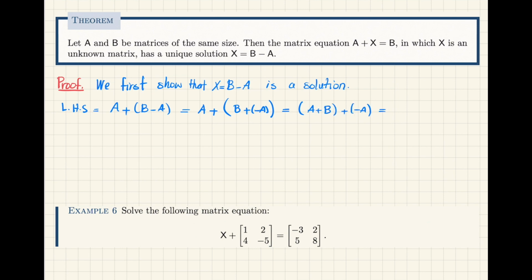And then I use commutativity to interchange these two, and then have it minus a. Again, I use associativity to put this pair of brackets around the second pair. Then I use this fact that a plus minus a is 0, then I use this fact that b plus 0 is b.